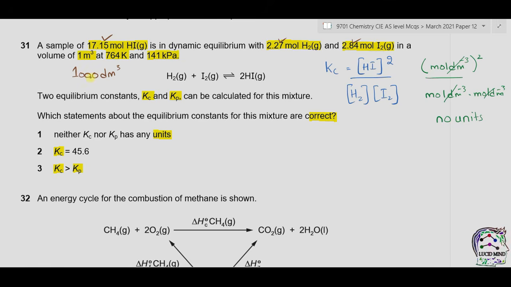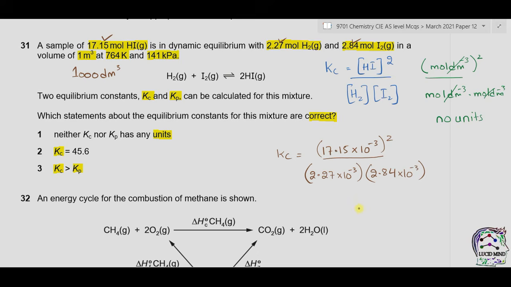As it is 1000 decimeter cube, the concentration for HI would be 17.15 divided by 1000, so it will be 17.15 times 10 to the power minus 3 mole per decimeter cube, squared. Divided by the concentration of hydrogen, which is 2.27 moles divided by 1000 decimeter cube, so it is 2.27 times 10 to the power minus 3 mole per decimeter cube. Again for iodine it is 2.84 times 10 to the power minus 3 mole per decimeter cube.